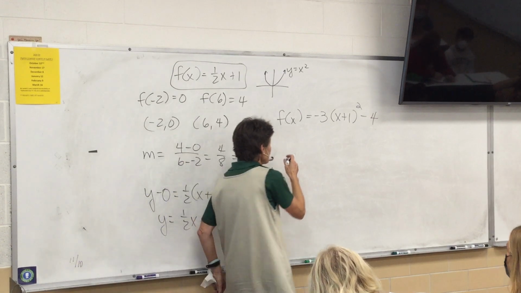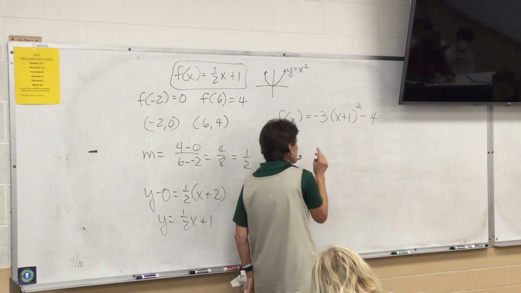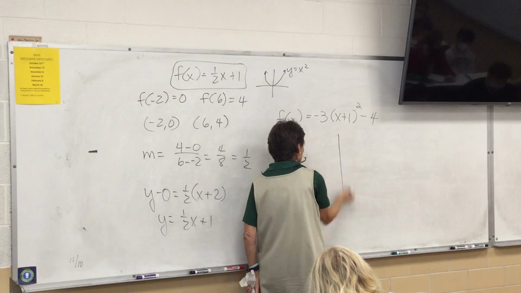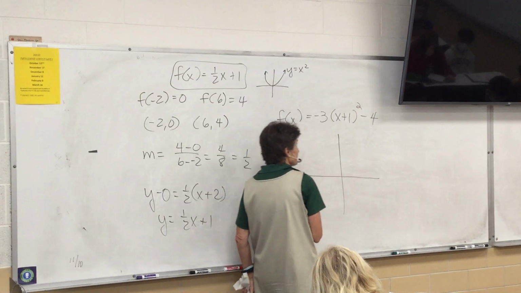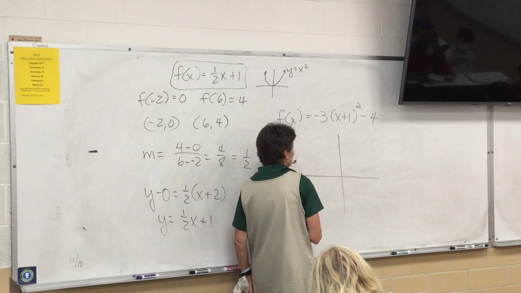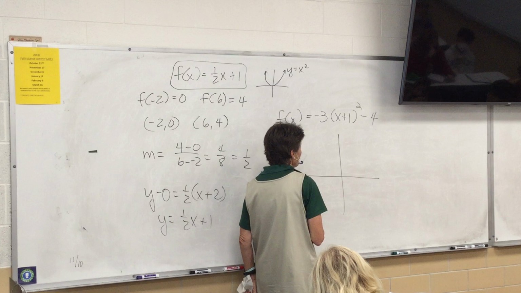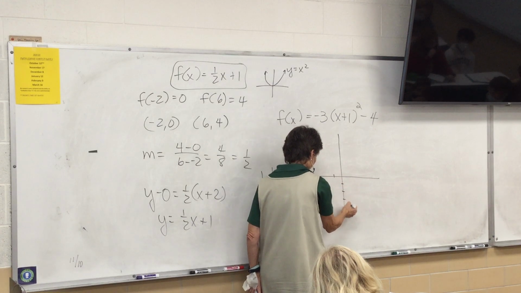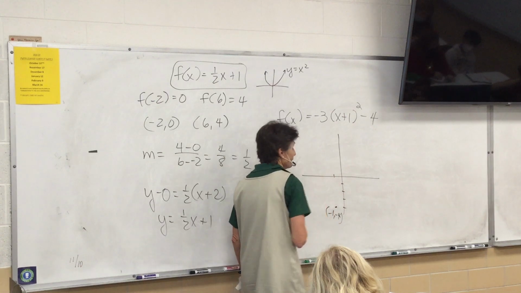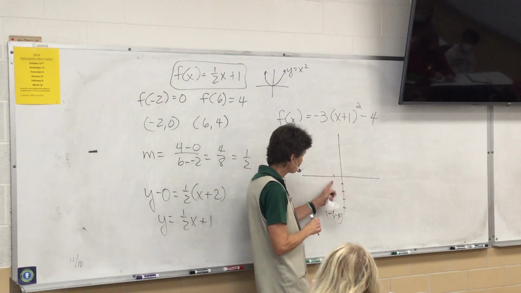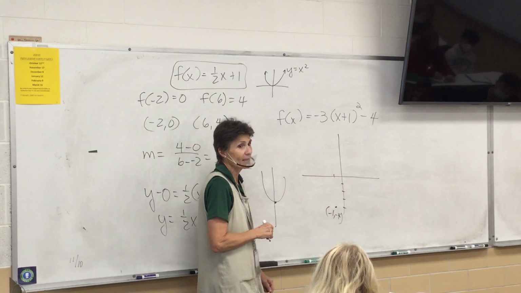So when you look at this equation, you should be able to tell me where the vertex is. Where is it? It's been moved how? Left 1 and down 4. So if the parabola has been moved left 1 and down 4, isn't that the vertex?